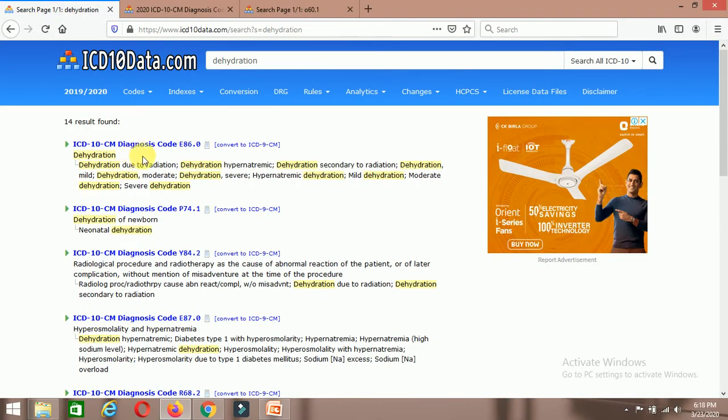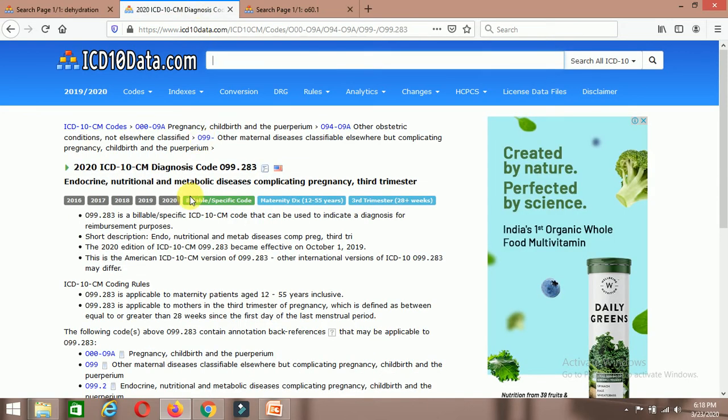This is related to metabolic nutritional disease, right? So we have to look for the O series ICD in this classification, find out what it is related to, and code the particular ICD. See, endocrine, nutritional and metabolic diseases complicating pregnancy, like that.